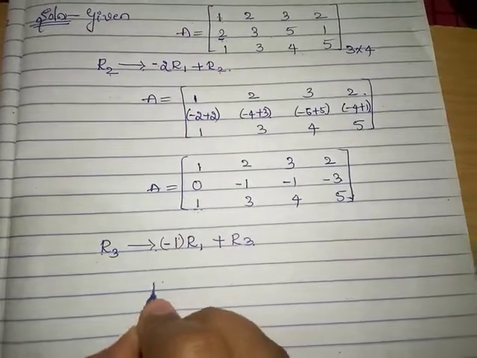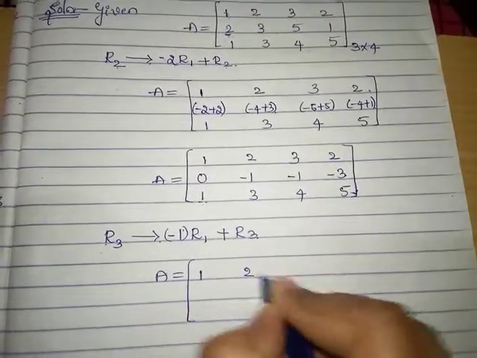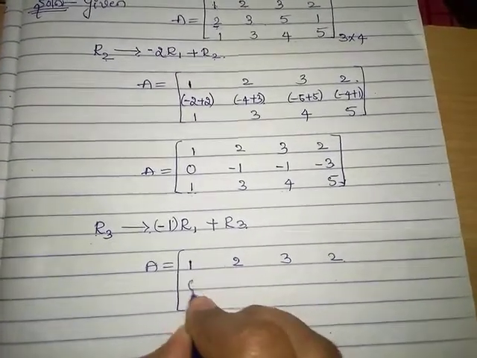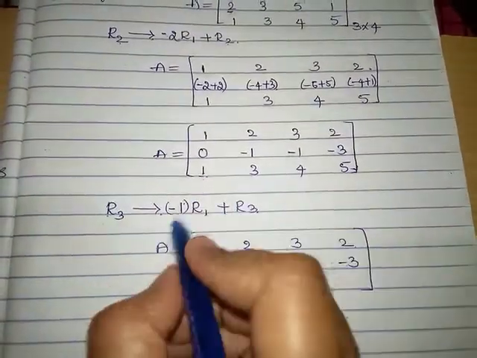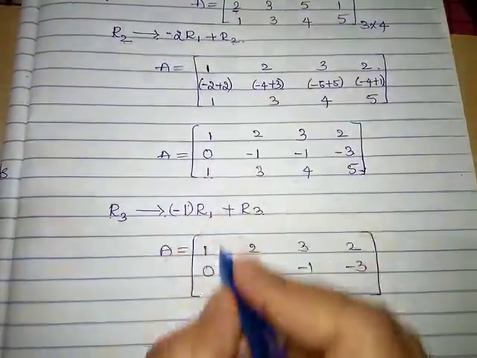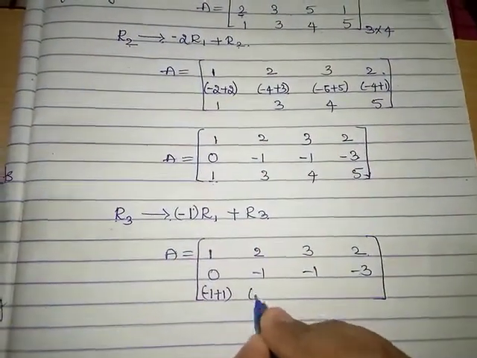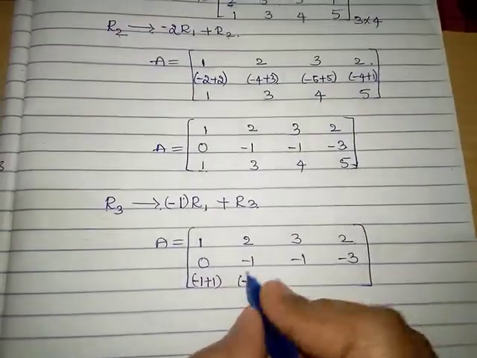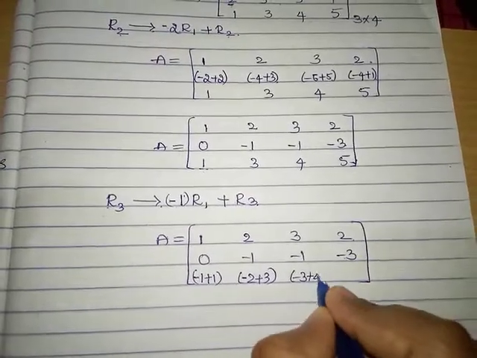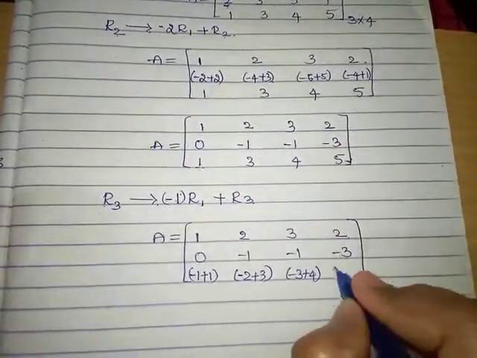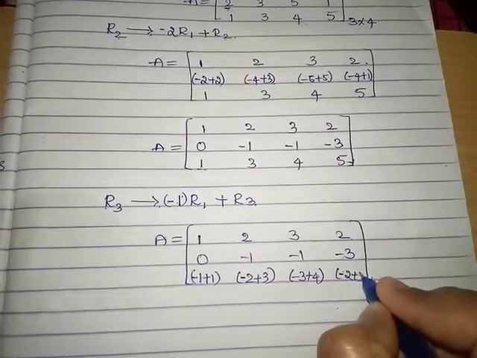Then the matrix A is equal to what? Here the first row and second row are as it is, because I am applying the transformation only for R3. Next is minus 1 plus 1, then minus 1 into 2 is minus 2 plus 3, minus 1 into 3 is minus 3 plus 4, minus 1 into 2 is minus 2 plus 5.